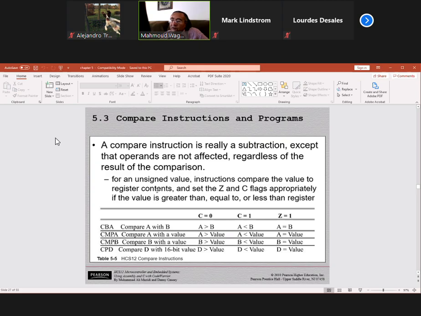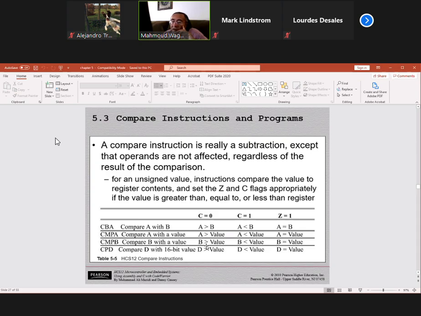So the difference between the compare instruction and the subtract instruction is that in the subtract instruction, the value resides in the register, but in the compare instruction, the value does not reside in the register.